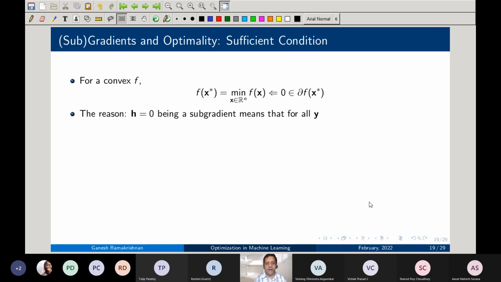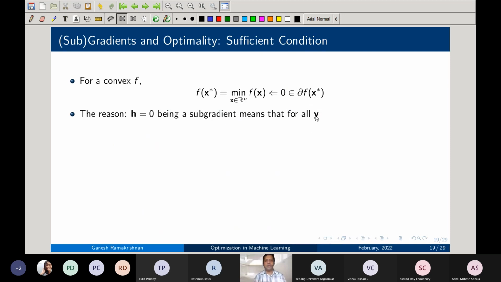If f(x star) is the min of f(x), then, if 0 belongs to the subdifferential of f at x star, then f(x star) must be the min of f(x).